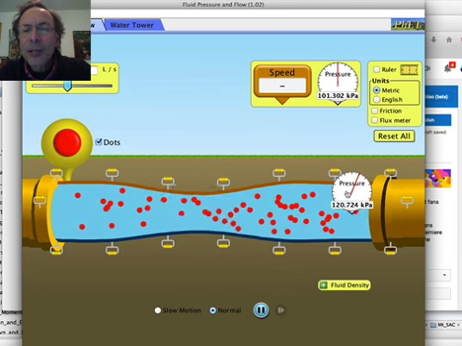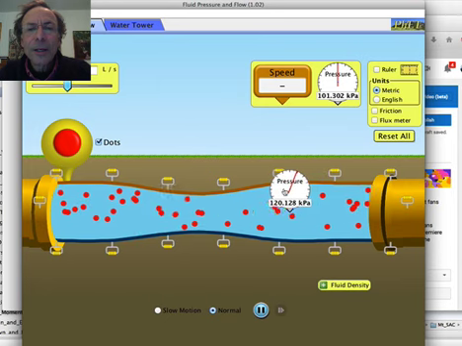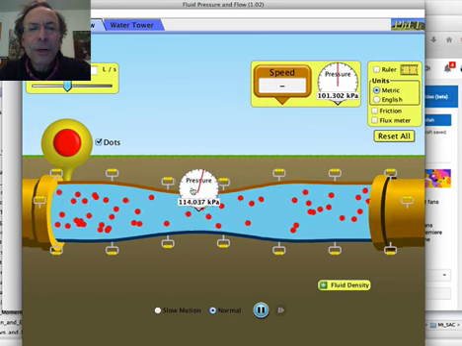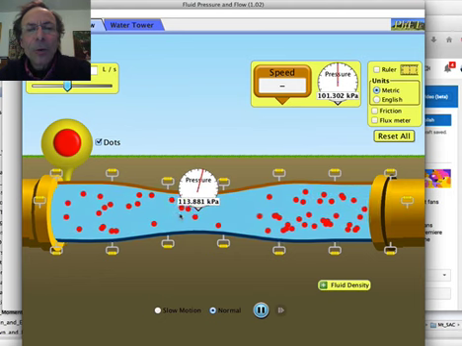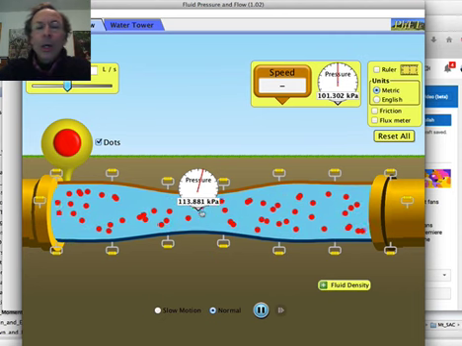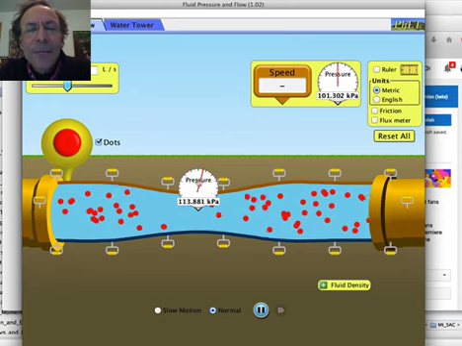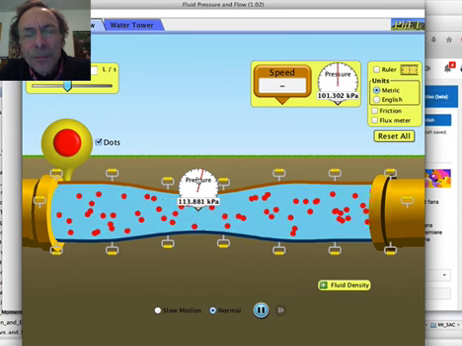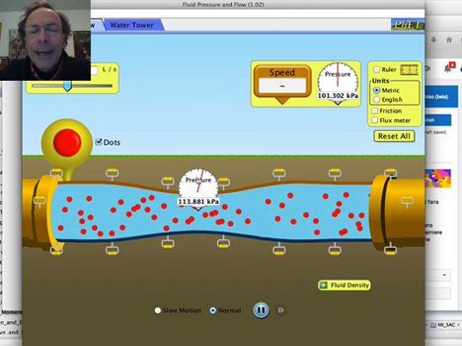It's 120.7. Now I bring the gauge to where the water is flowing faster. And look at that. Where the water goes faster, there's less pressure. So Bernoulli's principle says that if you make a fluid move faster, it's going to have a drop in pressure.